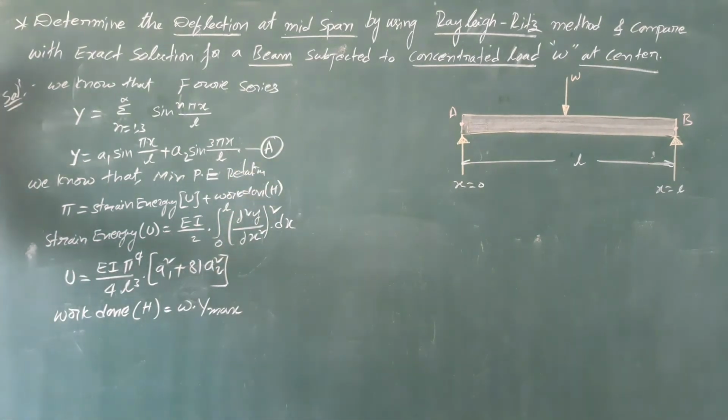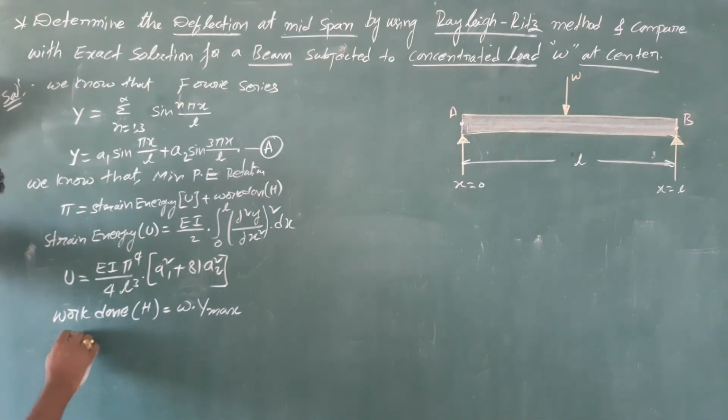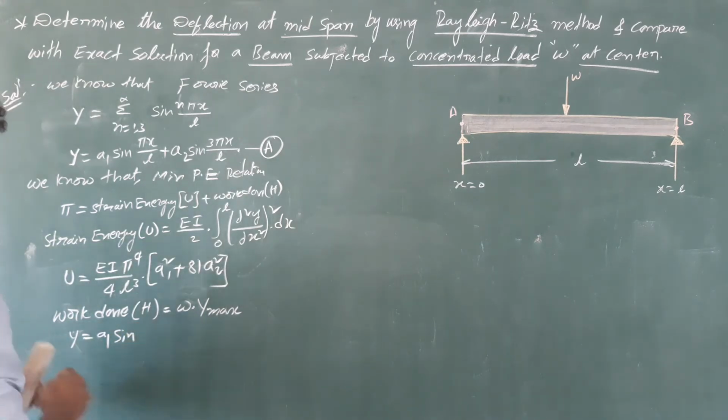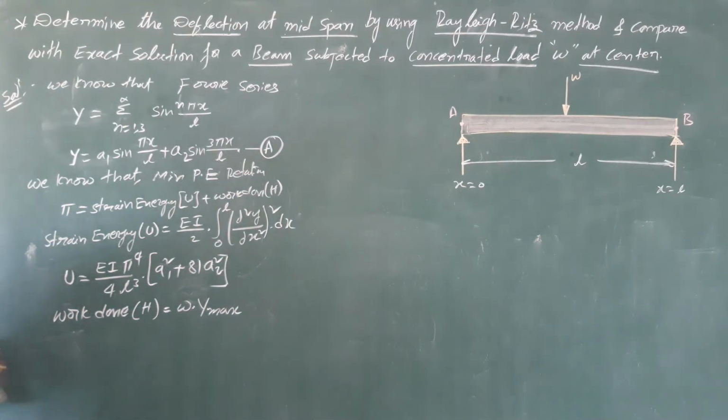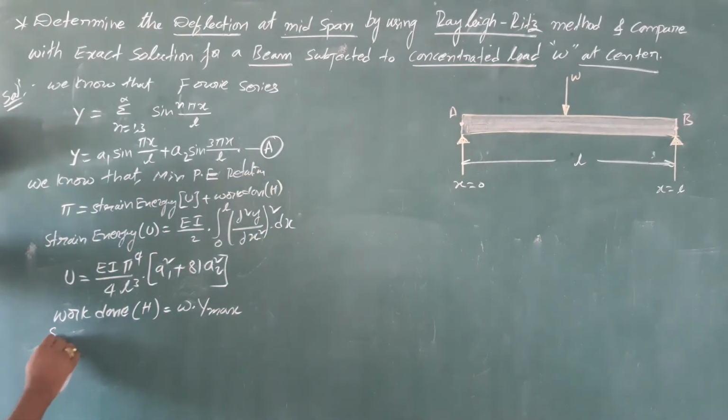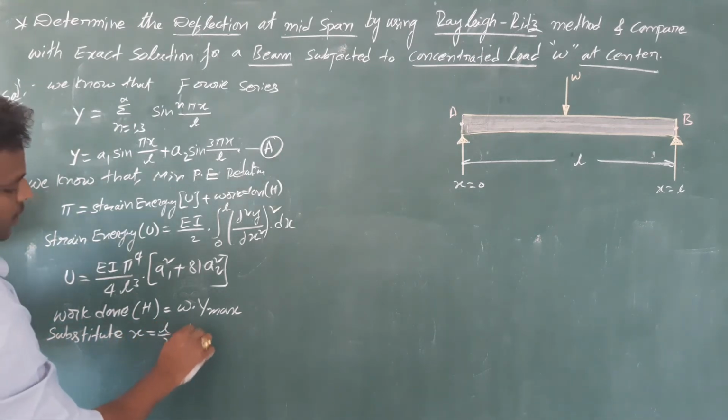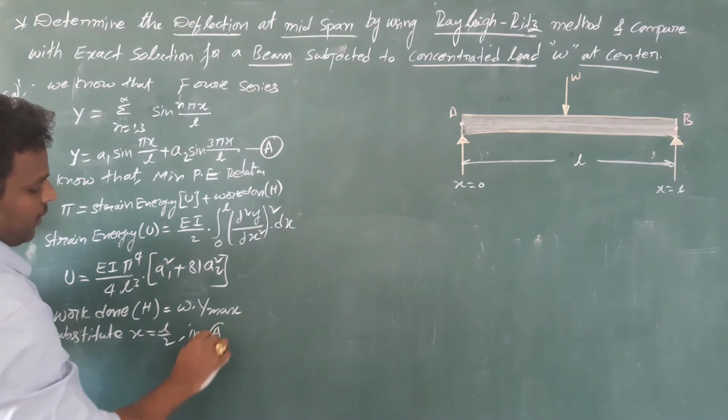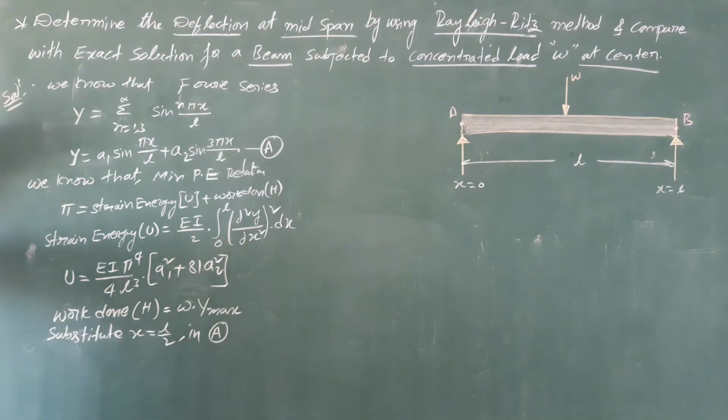We know that y is equal to a1 sin(πx/L) plus a2 sin(3πx/L). Substitute x equal to L by 2 in equation A, and we will get y max.